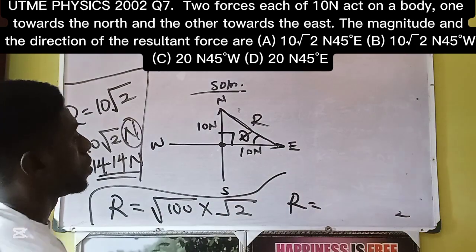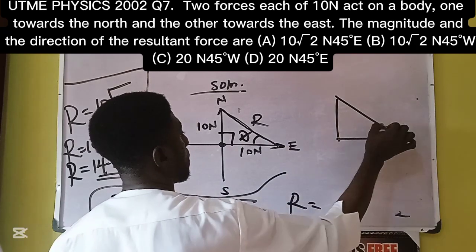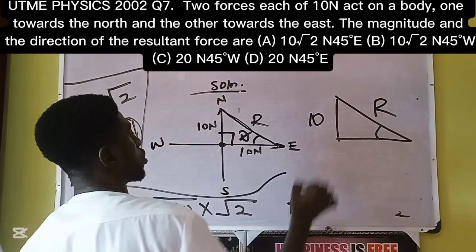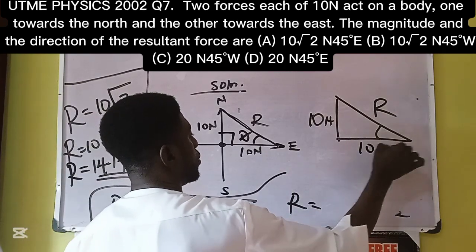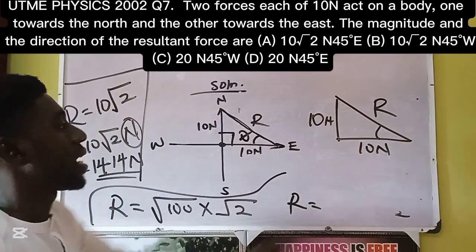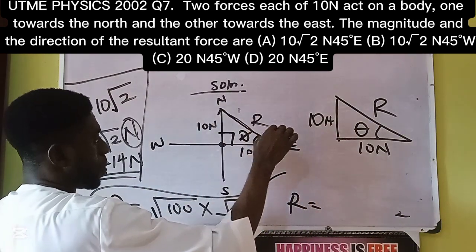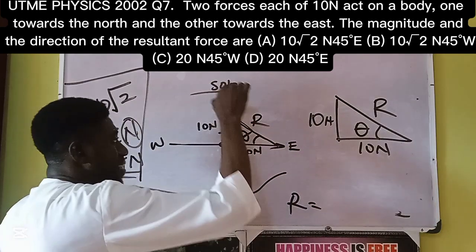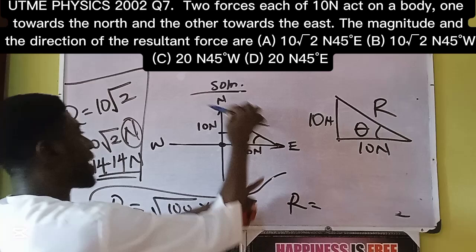Okay, let's solve. I already have my resultant. Northwards 10 Newton, eastwards 10 Newton. Then to get this angle theta, because this is the resultant vector and these are the axes, let me know the direction this vector is acting in.